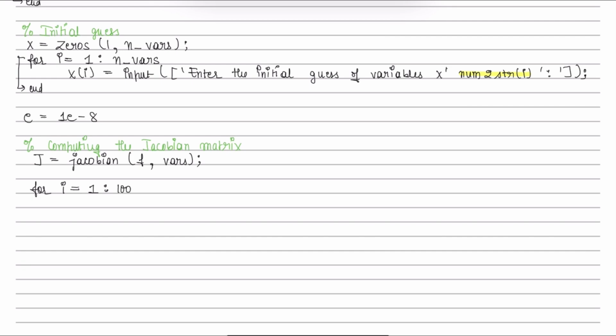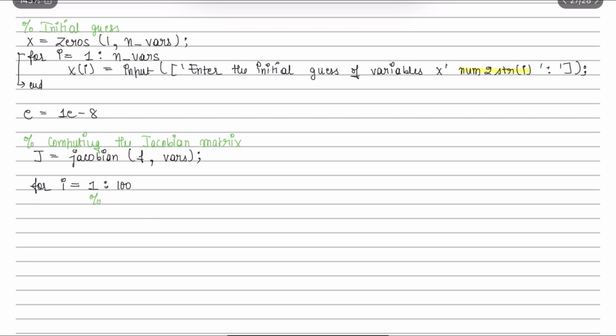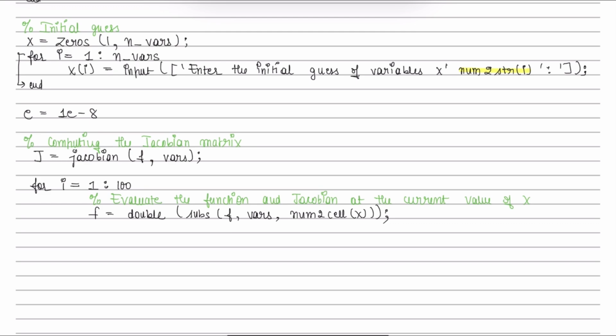Firstly, we need to evaluate the function and the Jacobian matrix at the current initial guess. So we will use, let us understand this statement first.